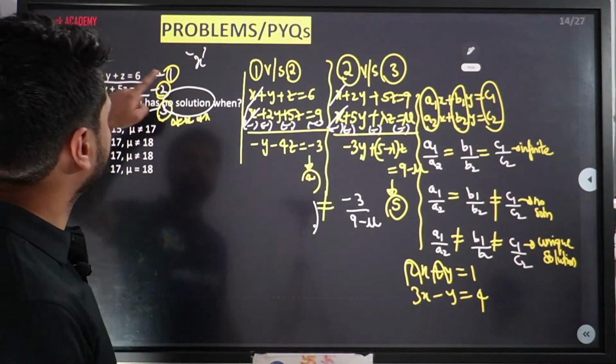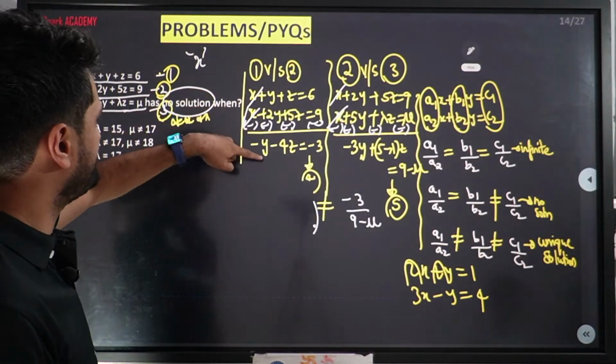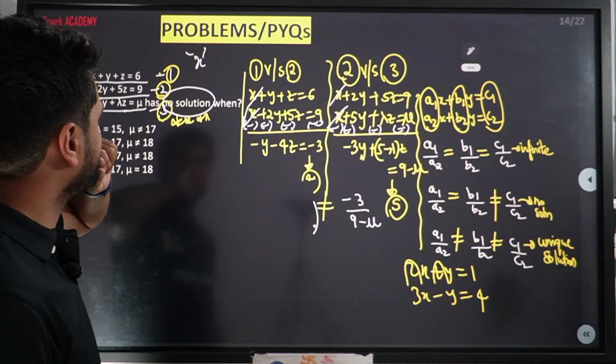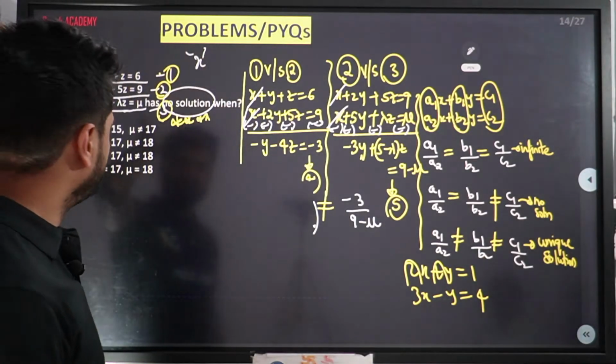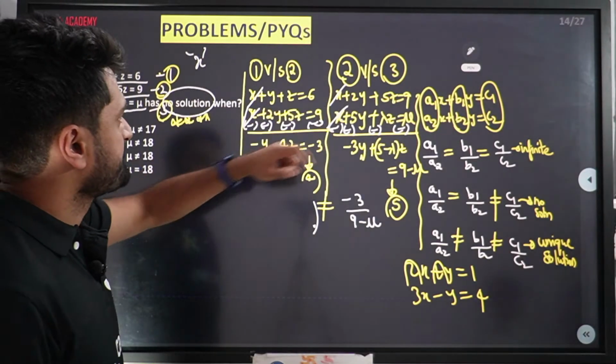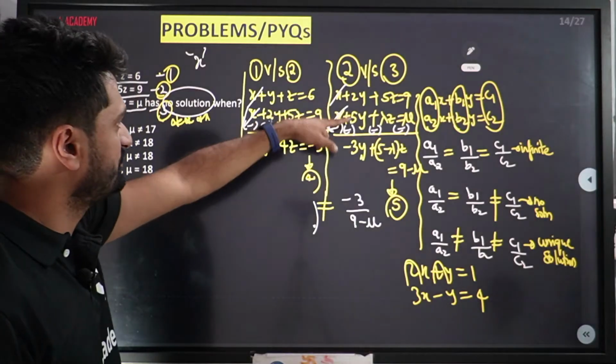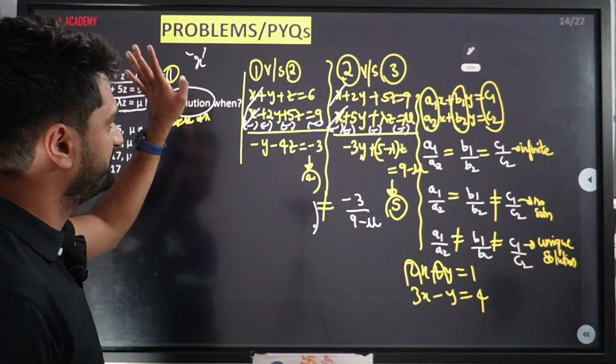So 1 versus 2: x cancelled, minus y, minus 4z, 6 minus 9 minus 3, that is perfect. x minus x cancelled, 2 minus 5 is minus 3, very good.